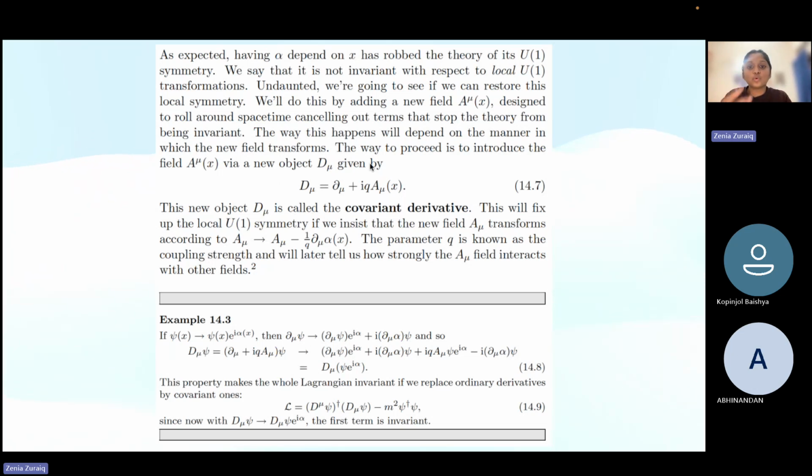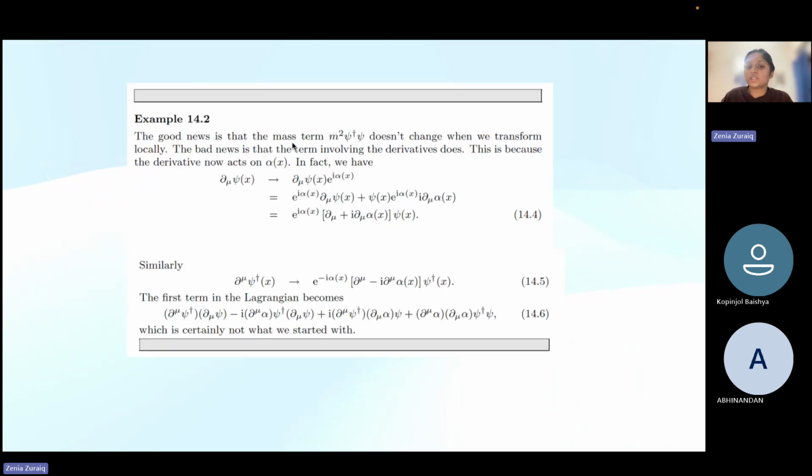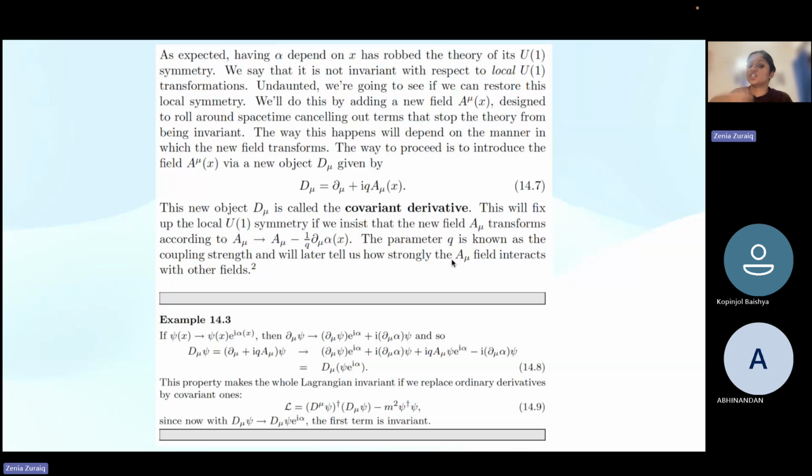I know Q, A, and other things make us think of electromagnetism, but this is not unique to electromagnetism. If you have a local symmetry, which means it depends on spacetime, then it's going to mess up your derivatives. So in order to bring back the derivatives in the correct form, we also have to take care of the change to this derivative, because we are messing with spacetime itself in the symmetry, right?